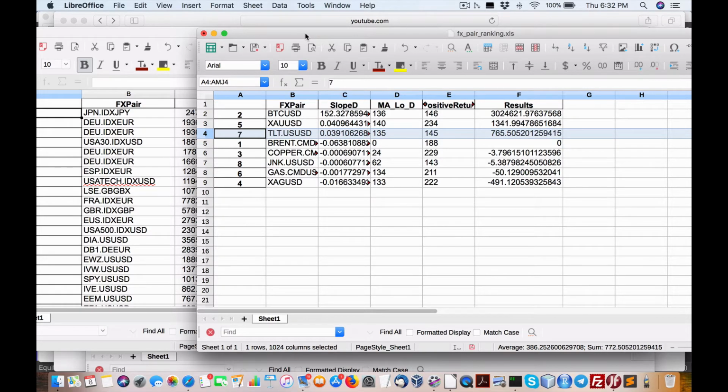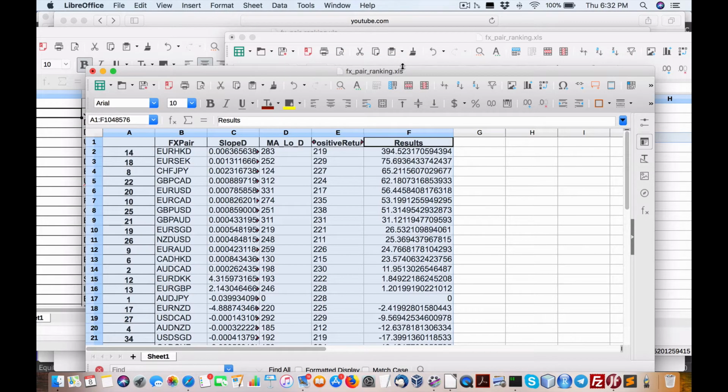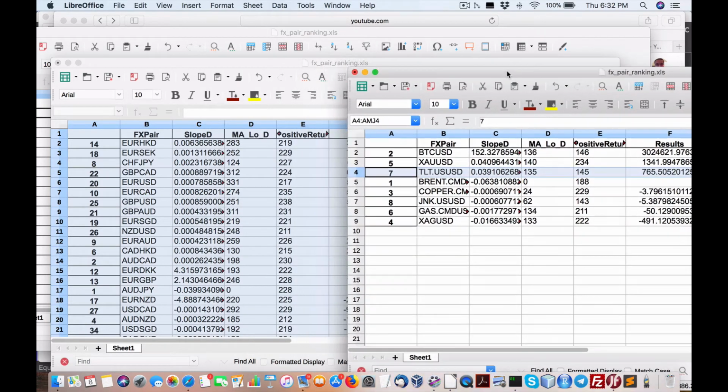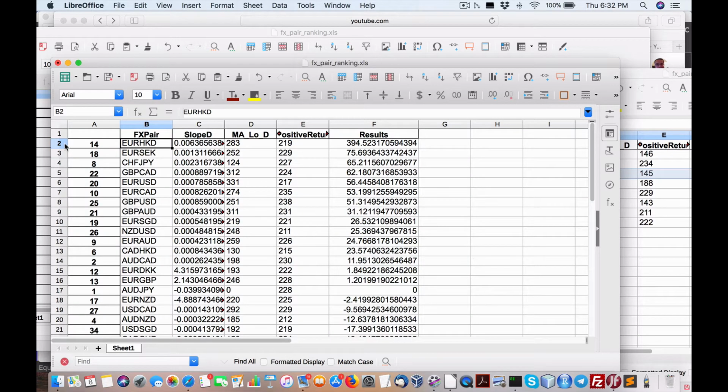So when you compare that against Forex pairs, let me load them up. The best pair, if anything's worthy to trade, is the Euro Hong Kong dollar. Remember, the data, the time frames, and the processing to generate these numbers are the same, so they can be compared.